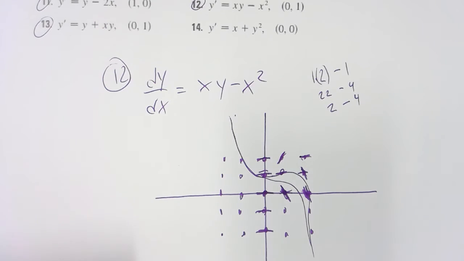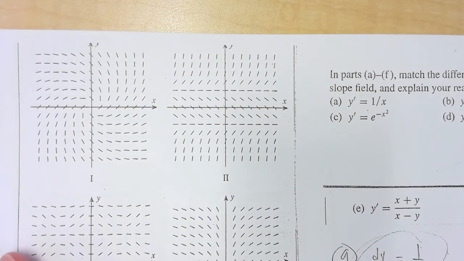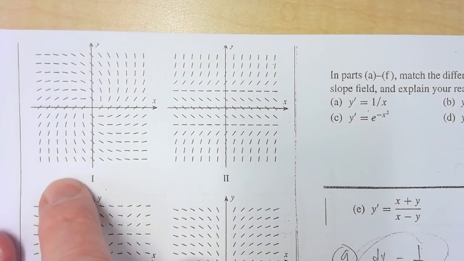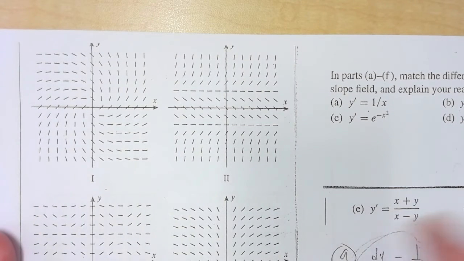Now I want to draw your attention to the next part of this, which is doing more of these matching questions. So here's more matching questions. Basically, you have 6 things here, and you have 6 equations over here.